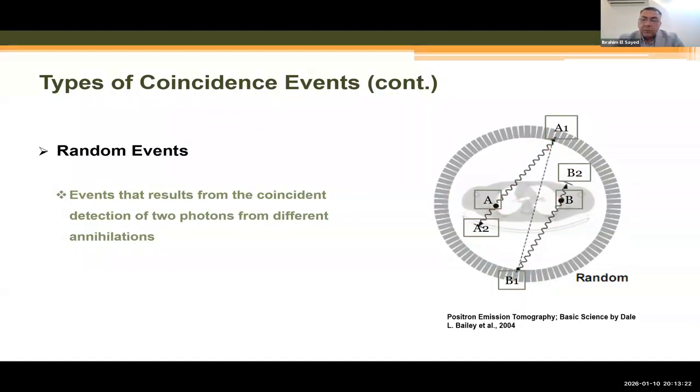A wider coincidence time window will also create more random events. Also singles: A1 and B1 are called singles. The rate of random events is proportional to the square of the singles count rate.